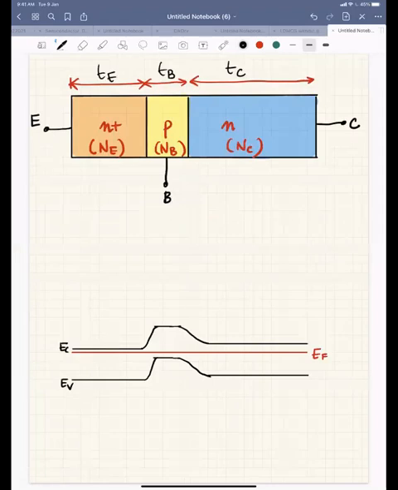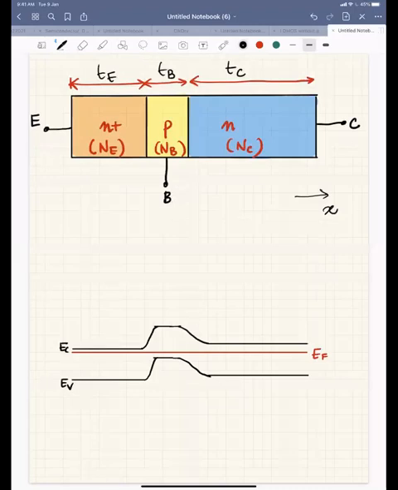So I have NPN. Here the emitter is heavily doped, the collector is lightly doped, and your base is also lightly doped. If I draw the band diagram, it is nothing but plotting EC and EV as a function of X. I hope by now you could comfortably draw an energy band diagram.